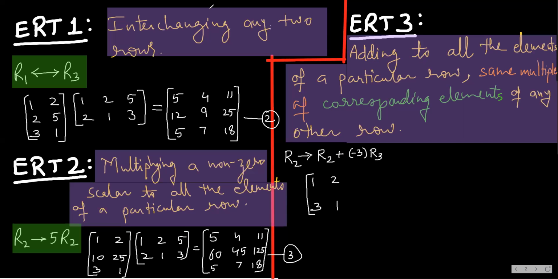So you know what you will do? You will multiply minus 3 to the elements of R3. See here. These are the elements of R3. You will multiply minus 3 to this and minus 3 to this. That is why we wrote same multiple. To both you are multiplying minus 3 only.